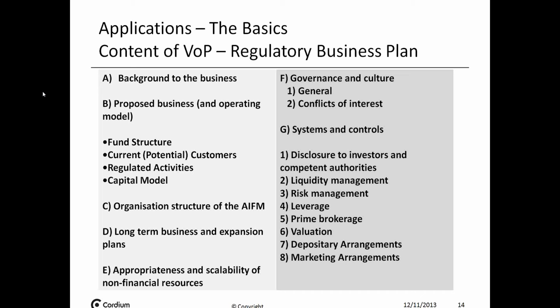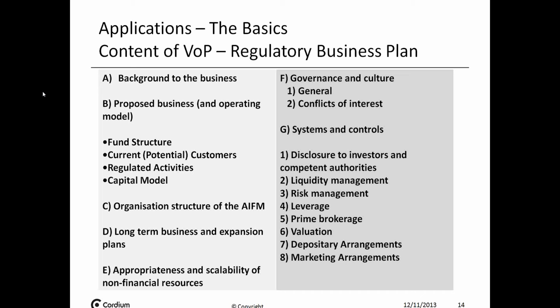Your proposed business model and operating model should talk about your current customers, your regulated activities, fund structure, capital model, locations of funds, master feeder, LP structures, AIF types, whether you're NURS, QIS, or whether you're in the unauthorized AIF types such as charity AIFs or UCITS, an Irish QIAIF for example, closed-ended bodies, and don't forget the CCAVs, or other types of non-collective investment schemes.